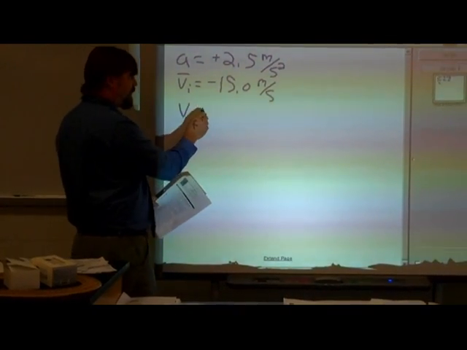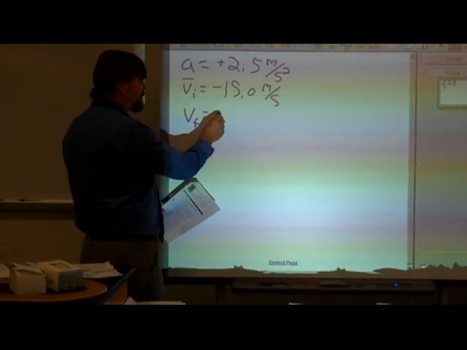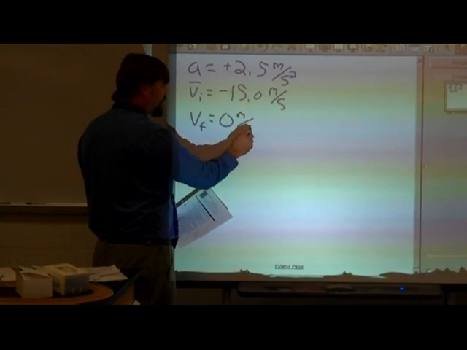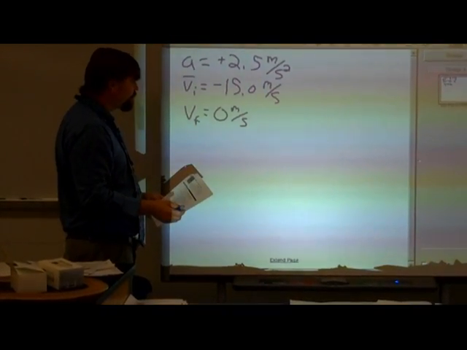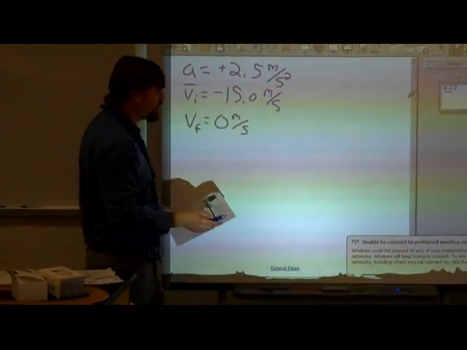So we have a final velocity of 0 meters per second. All right, so when we set this up, we're looking for the time.